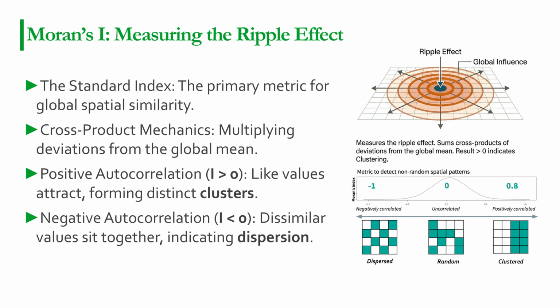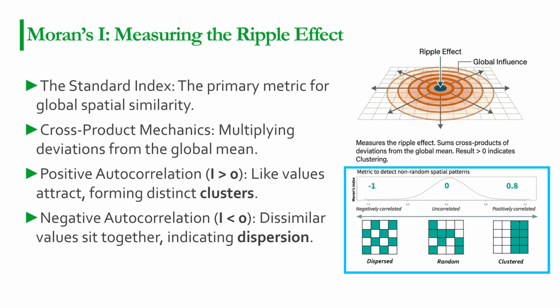If a high incidence farm sits next to another high incidence farm, the result is positive. If a low rate farm sits next to another low rate farm, the result is also positive. All these cross products are summed to produce Moran's I, which usually ranges from -1 to +1. A value well above 0 indicates clustering. A value near 0 suggests randomness. A value below 0 suggests a dispersed pattern.